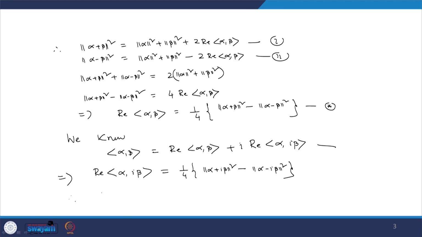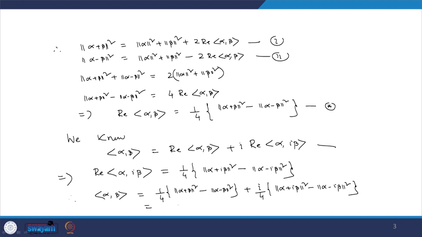So finally, we see that the inner product of alpha beta can be written as 1 by 4 times the norm of alpha plus beta whole square minus the norm of alpha minus beta whole square, plus i by 4 times the norm of alpha plus i beta whole square minus the norm of alpha minus i beta whole square.